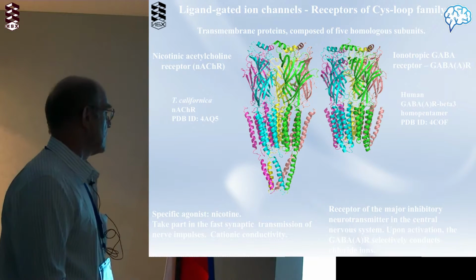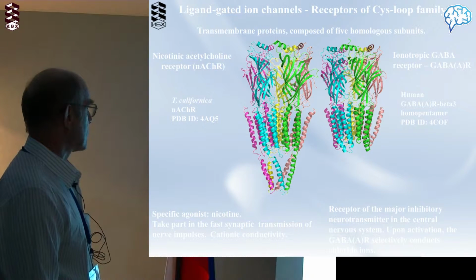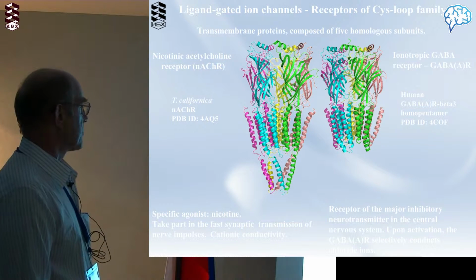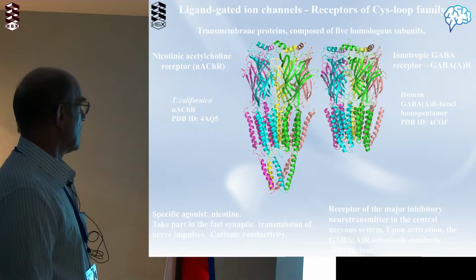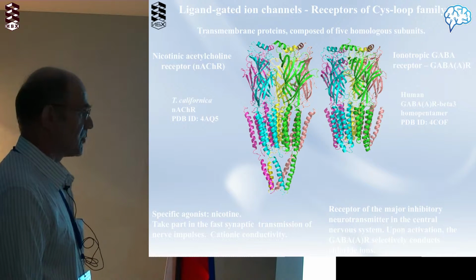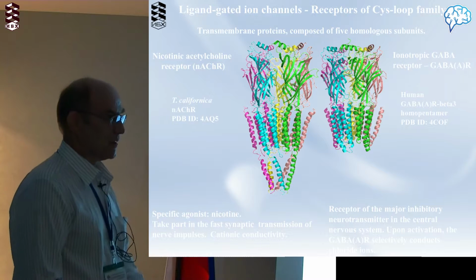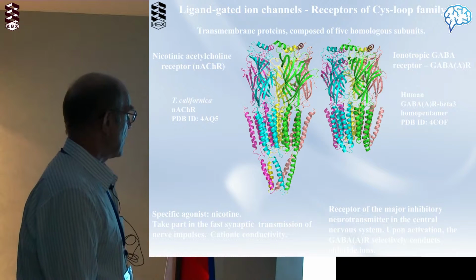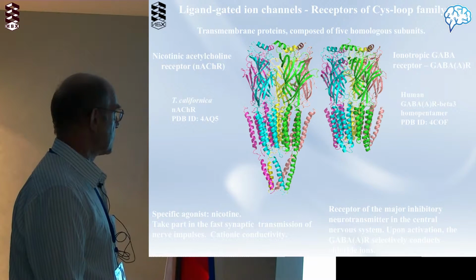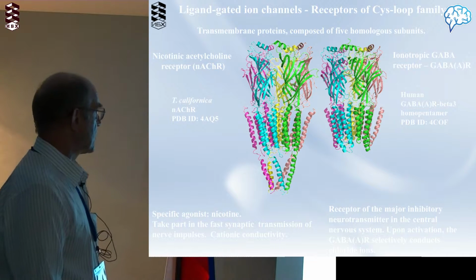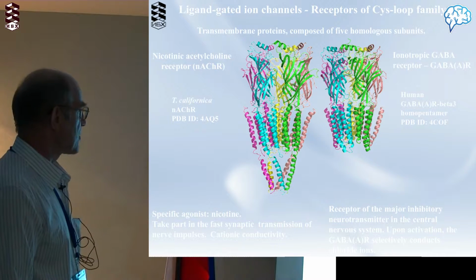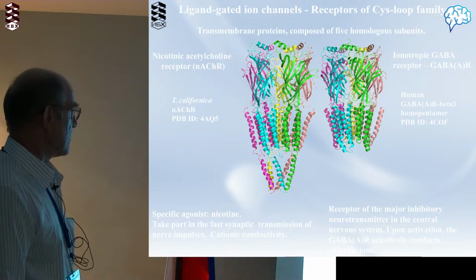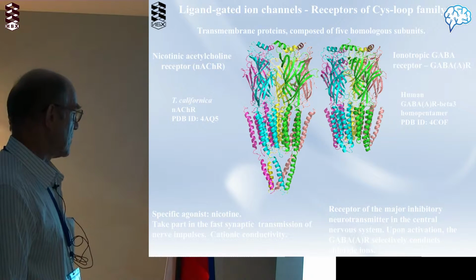Just to briefly summarize the data about receptors of the cys-loop family. The nicotinic acetylcholine receptor has been described in detail in the morning session, as well as the ionotropic GABA-A receptor. They have quite similar spatial structure, but differ in their conductivity.